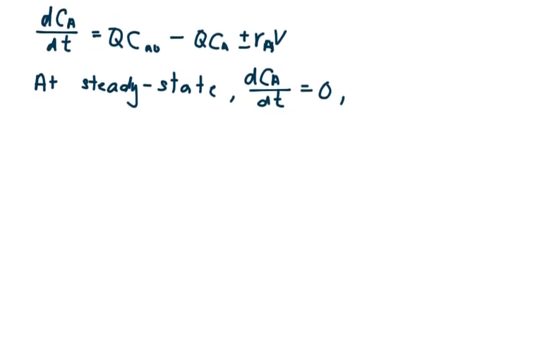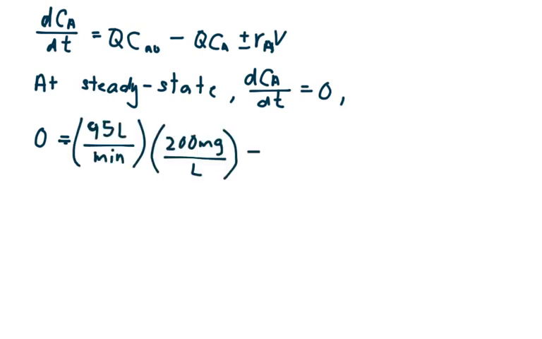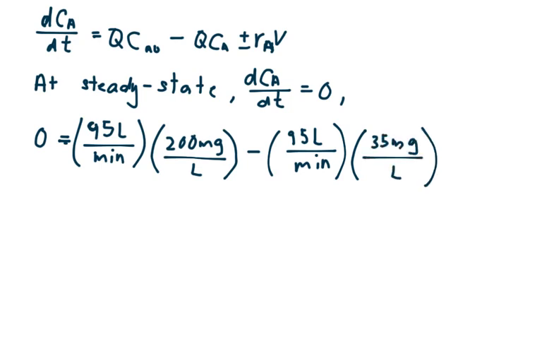With that, you can now write in the rest of the equation. So you have 0 equals the flow rate, in this case given as 95 liters per minute, multiplied by the initial concentration 200 milligrams per liter. Then the outlet flow rate is also given as 95 liters per minute, which is similar. The outlet concentration is given as 35 milligrams per liter.